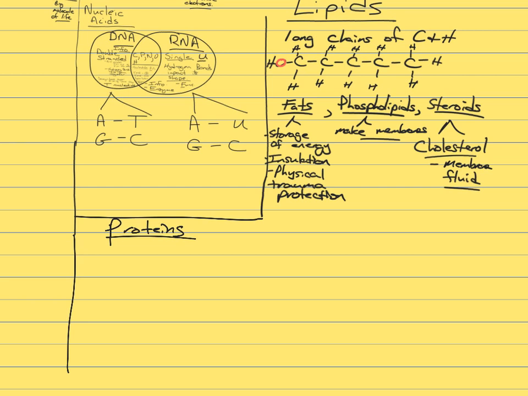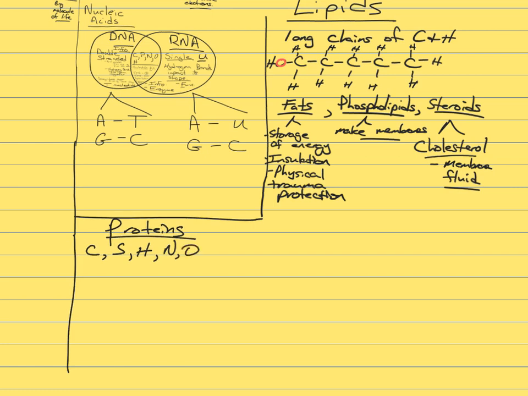Proteins are made of, what elements make up proteins? Carbon, sulfur, I heard. Hydrogen. Hydrogen, sulfur, carbon. I think nitrogen, that's it. Nitrogen, that's correct. For the most part, that's it. Carbon, hydrogen, nitrogen, oxygen. Oh, there's oxygen as well. There's a little oxygen there, right?